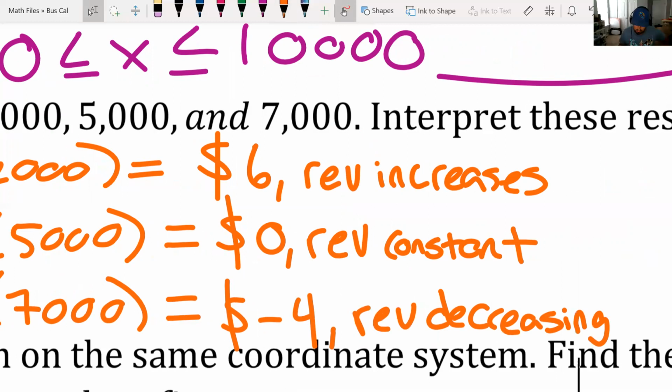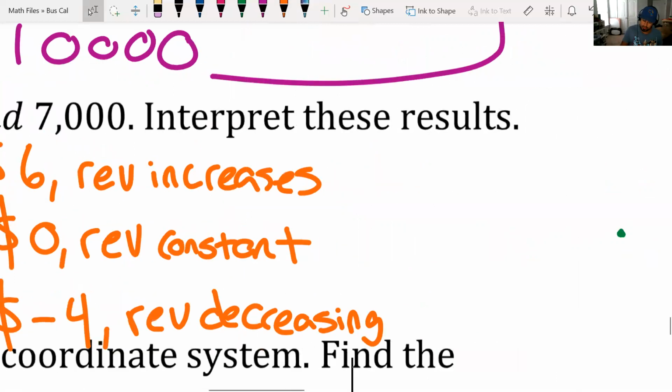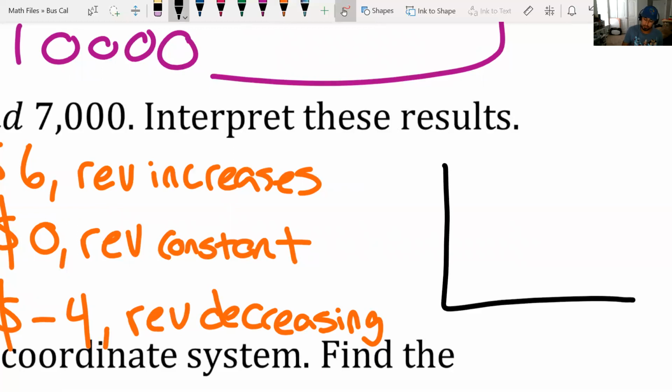So let me show you a visual representation of what we're looking at. So the cost function, or actually the revenue function, is looking something like this. And when X is, was it 2,000?